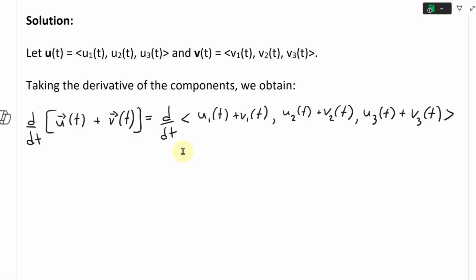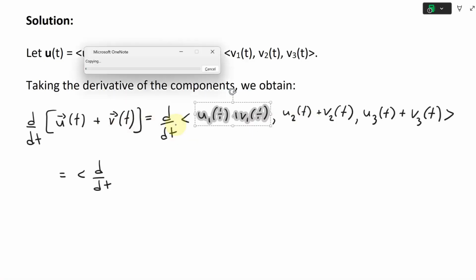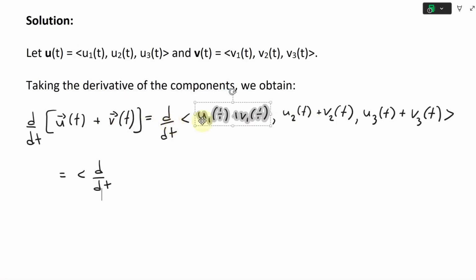Now I'm going to put an equal sign here. We can take the derivative of each one, so we put this d over dt inside each component. Instead of writing it all out, I'll copy and paste it, and put the bracket like that. The next one is d over dt of u2 plus v2, and then the same thing for the third component, u3 plus v3.